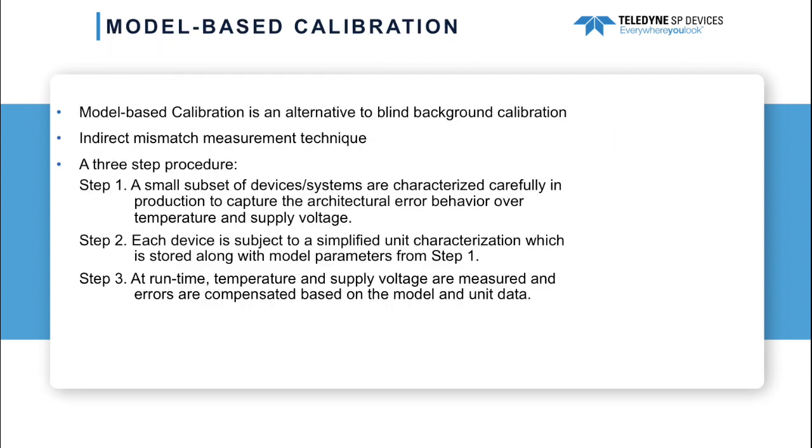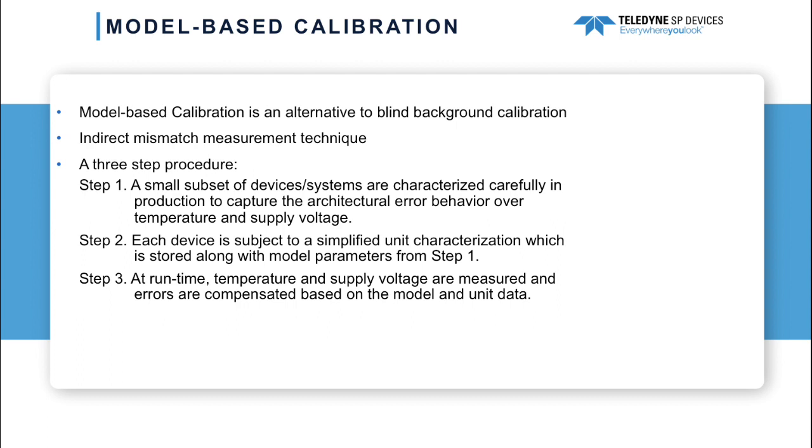A second alternative to establish the mismatch model parameters needed to reconstruct the mismatches within ADX is a model-based calibration. This is an indirect measurement of the mismatches that relies on the models of the mismatch behavior for a specific device. In production, a small subset of devices or systems are characterized carefully to capture the architectural error behavior over temperature and supply voltage.